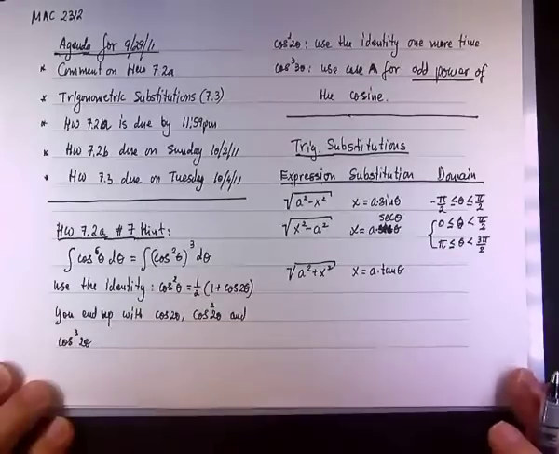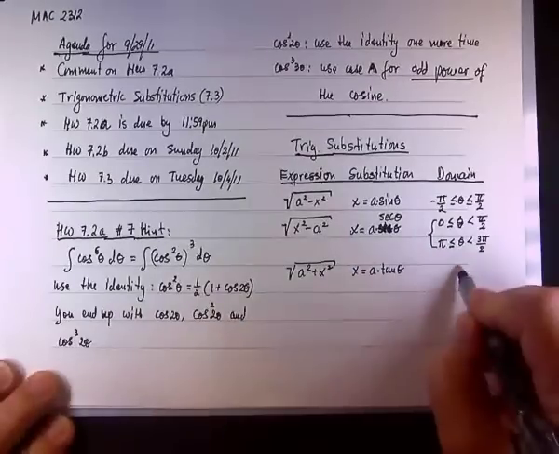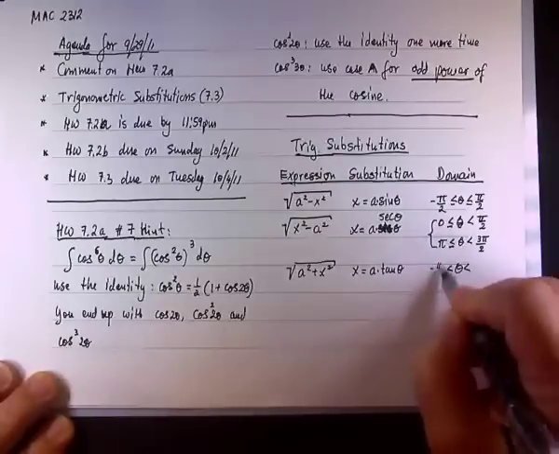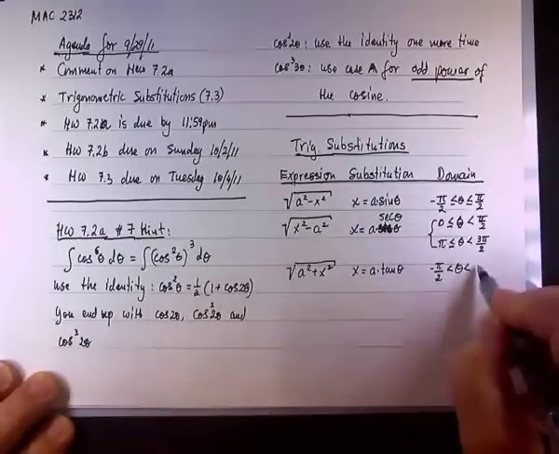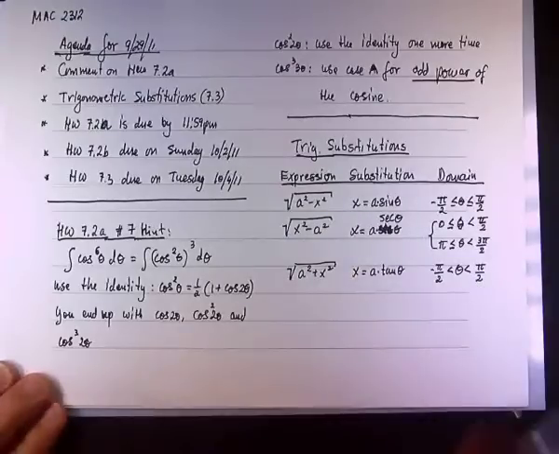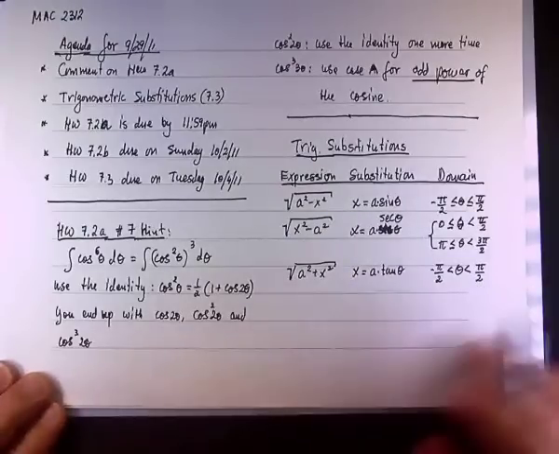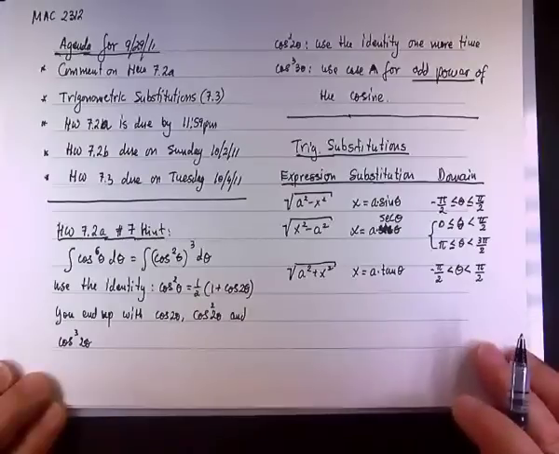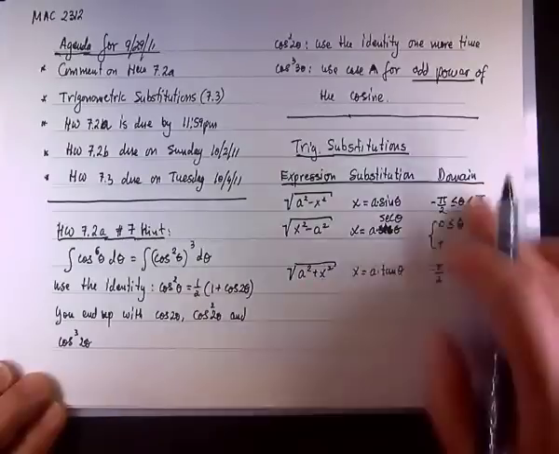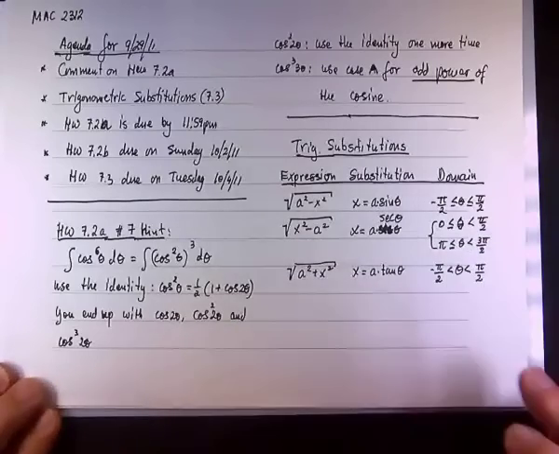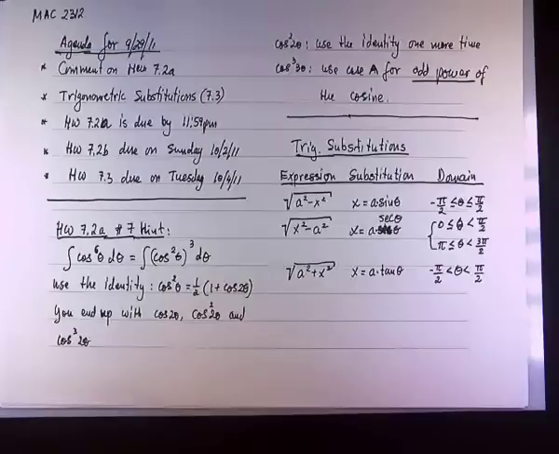Again, we need to think about the domain of the tangent, where the tangent function is invertible. Well, that will be, again, negative pi over 2 to positive pi over 2, right? Except it's not inclusive, because tangent of pi over 2 or tangent of negative pi over 2 is undefined, again because the cosine sits in the denominator and the cosine is 0.